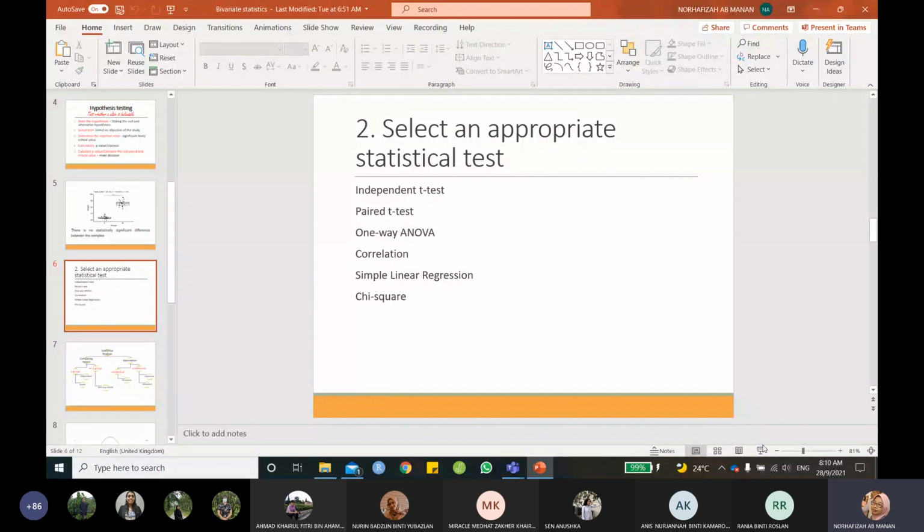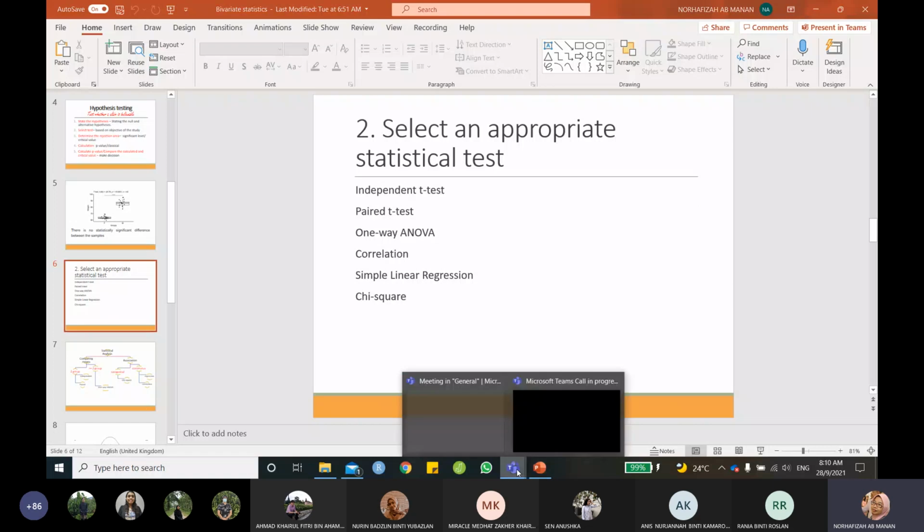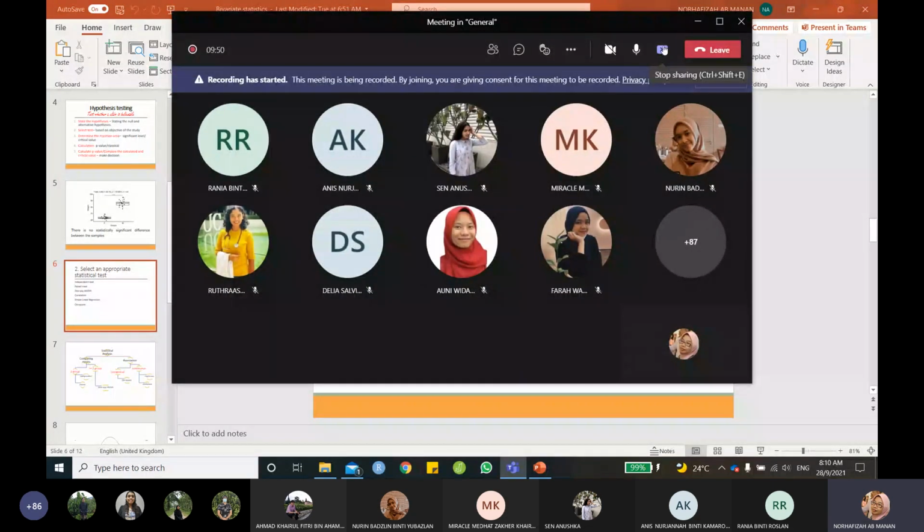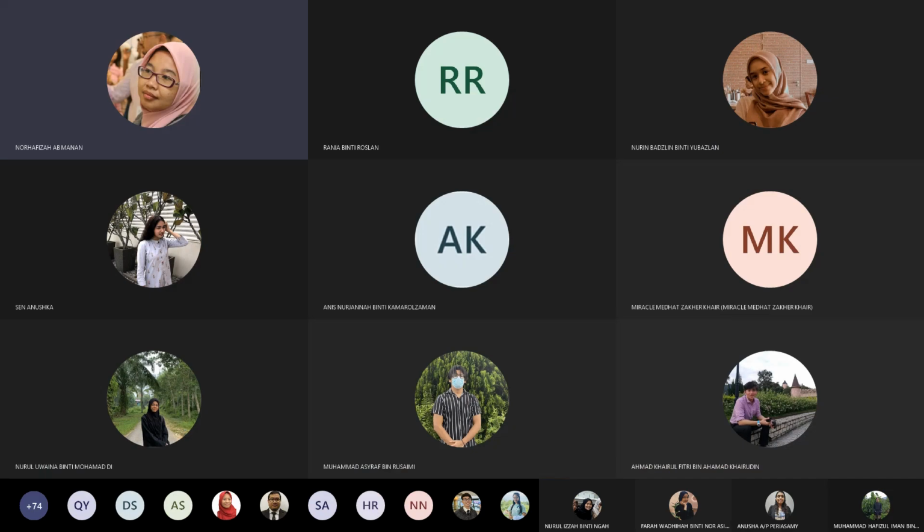I think you already have groups, right? You already have groups. So for our ABM group, the total number of groups that I know is 25 groups, starting from 1 until 25.